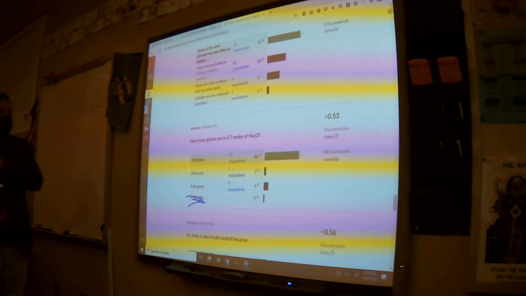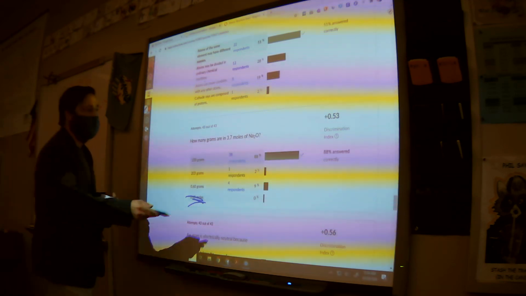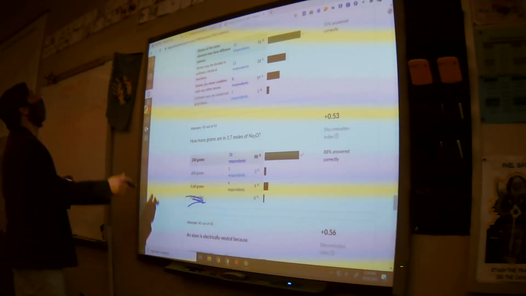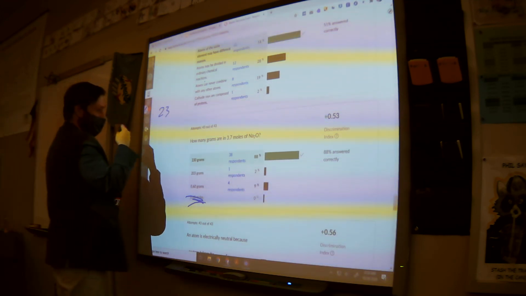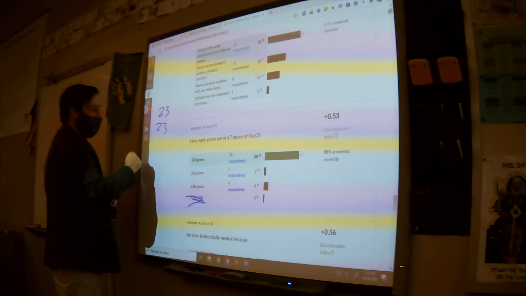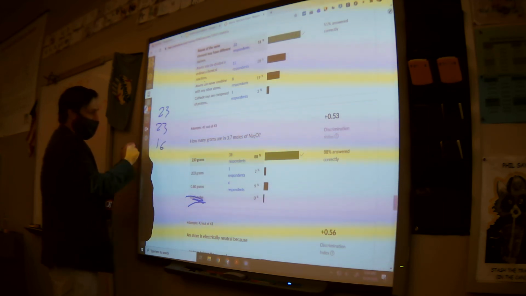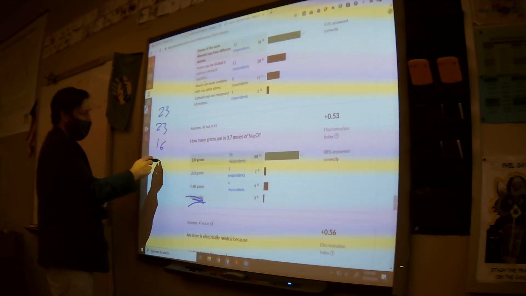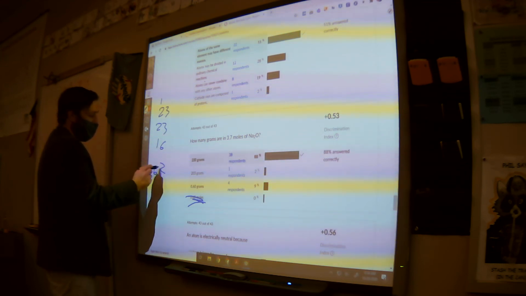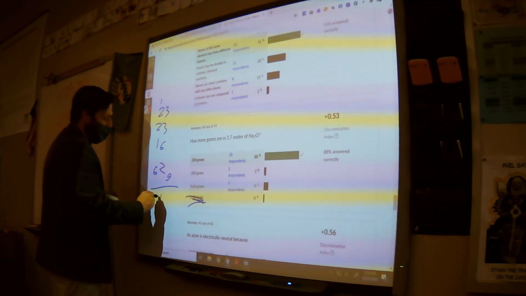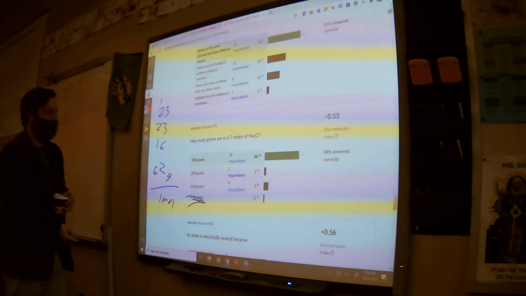To figure out the molecular weight of sodium oxide, you have to go through and do sodium, which is about 23, times 2, so it's 23 again. Oxygen, which is 16. That's about 62 grams in 1 mole, right?